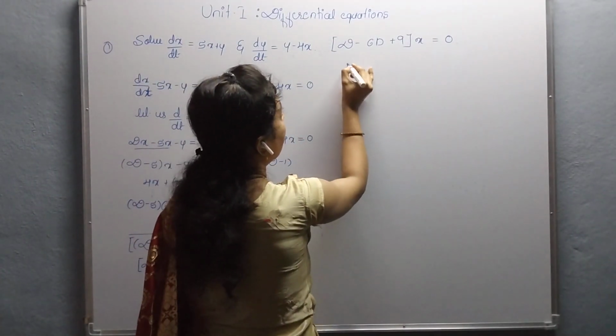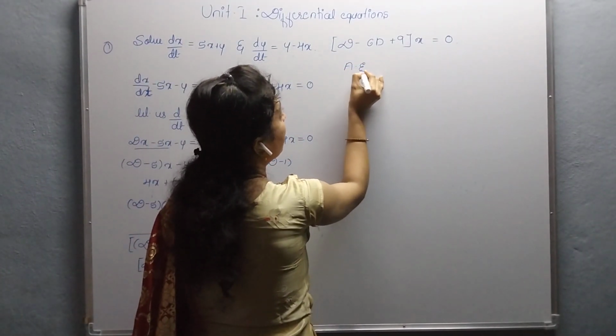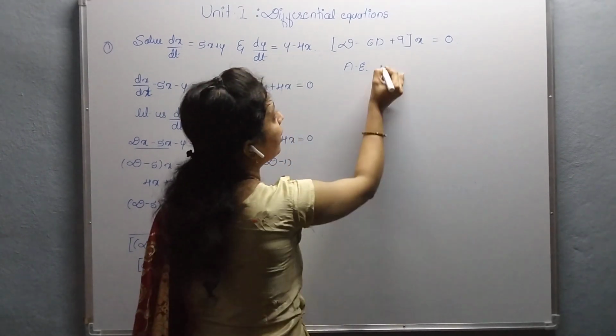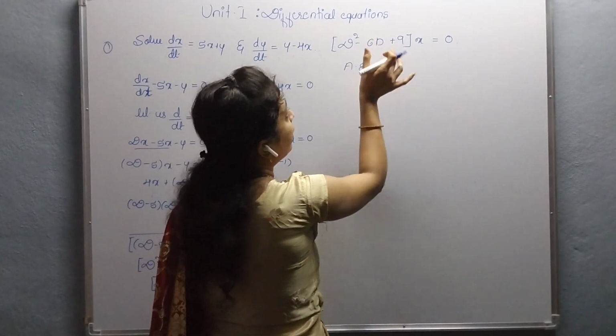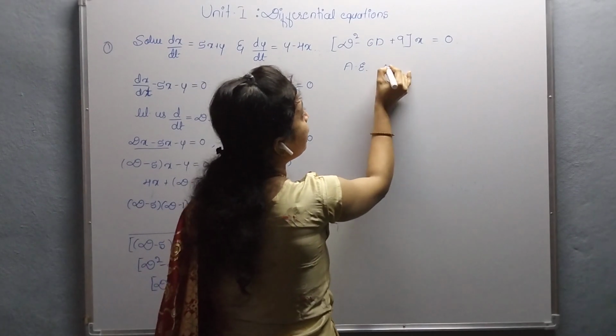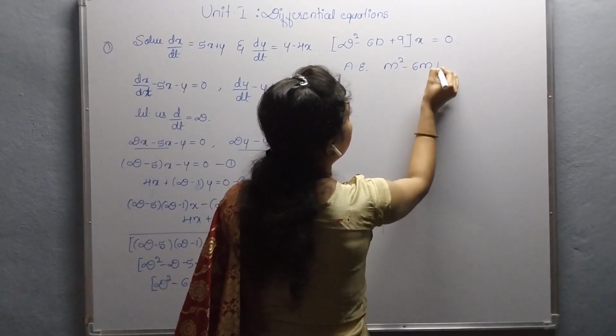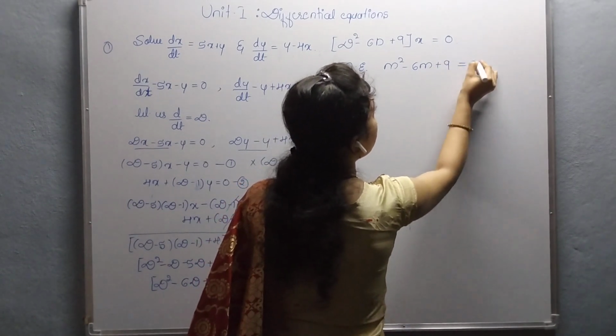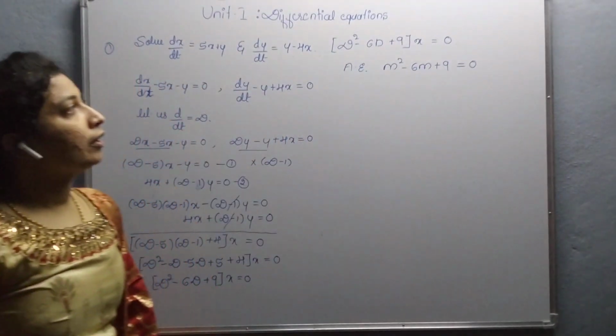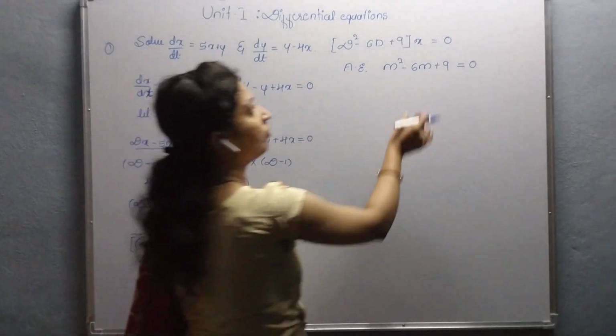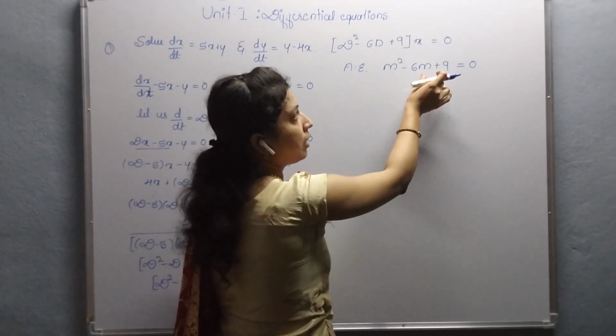So here we can write the auxiliary equation. In the auxiliary equation, D can be replaced by m. So it will be m square minus 6m plus 9 is equal to 0. Here the roots are minus 3 and minus 3.